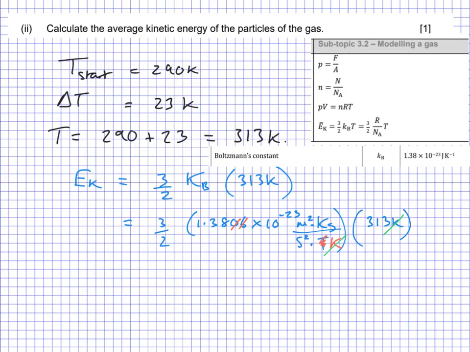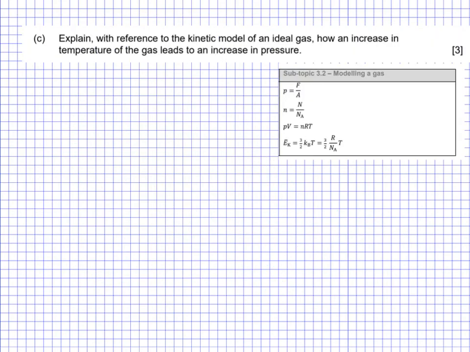We're left with kilogram meter squared per second squared, which is in fact a joule. So we can finish this off. We can say the kinetic energy is equal to this calculation. Let's plug that into our calculator, and we end up with 6.5 times 10 to the negative 21, and that's in joules.